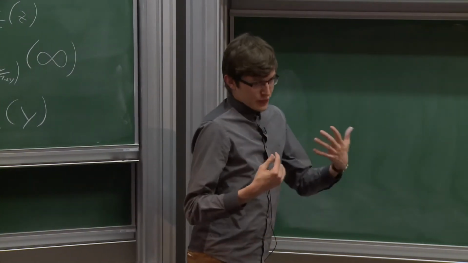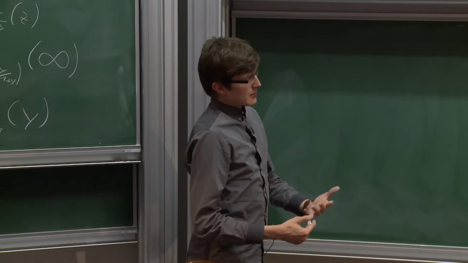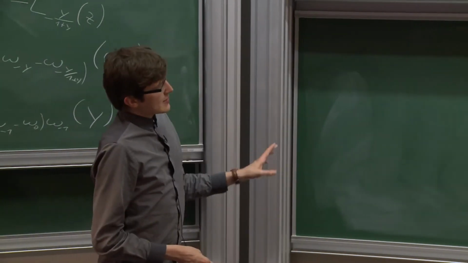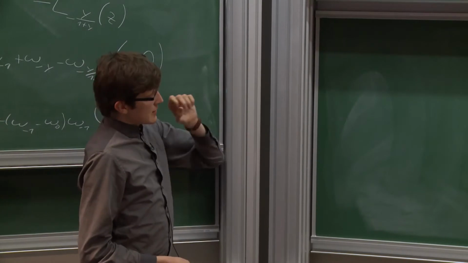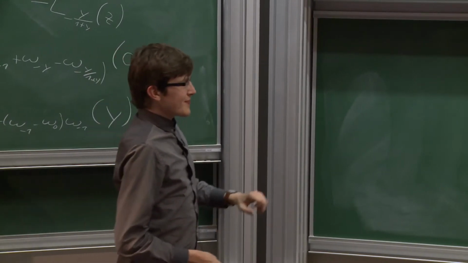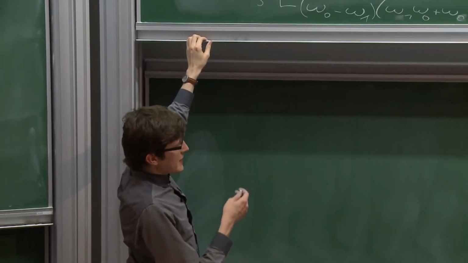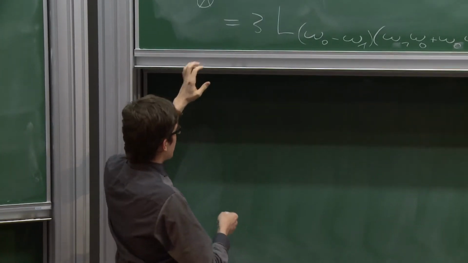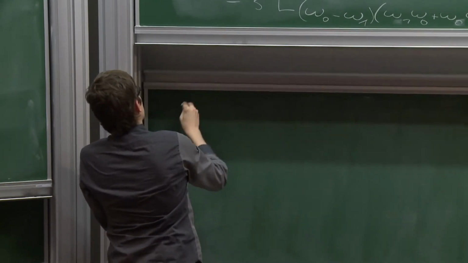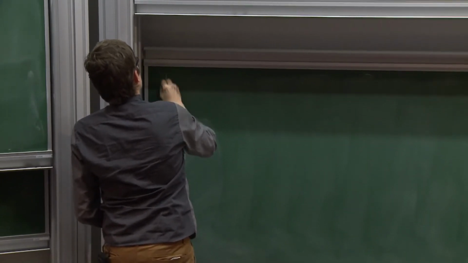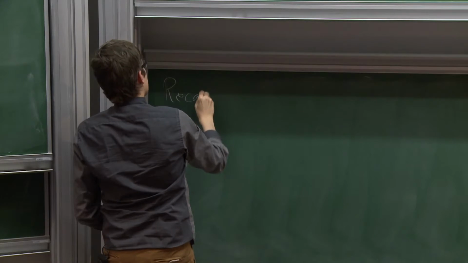And so we know we already have 2 loops where we get elliptic things, these massive sunrise diagrams. But in these massless diagrams, following these lines, one can get quite far. And the basic idea is exactly the same. So let us recap what we did.